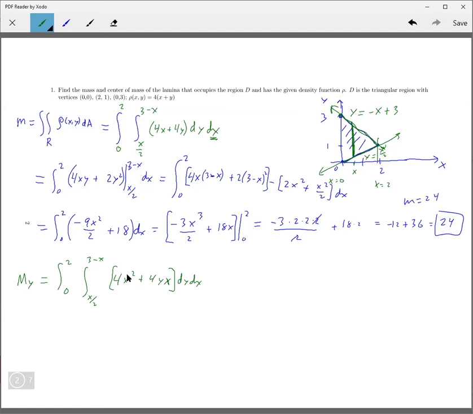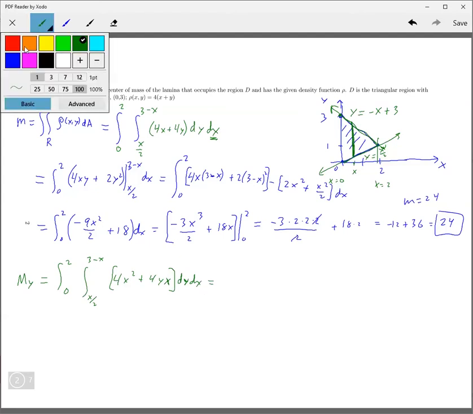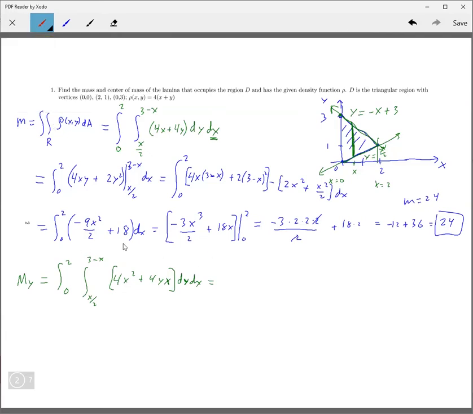Okay, now, because you're just multiplying by x, then it doesn't really affect the main parts of the integrating with respect to y. So that means that if we come down to here, then all of this part right here is going to be the same.